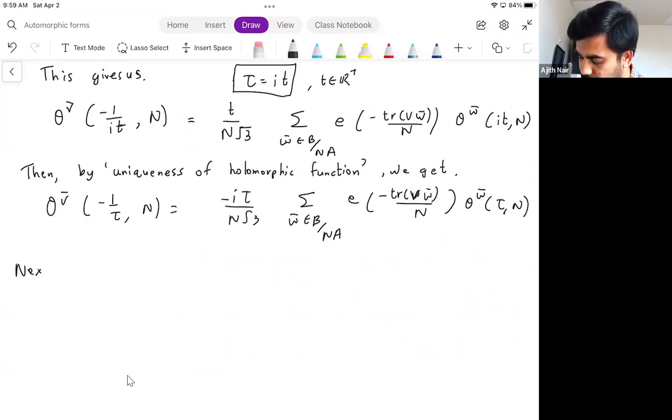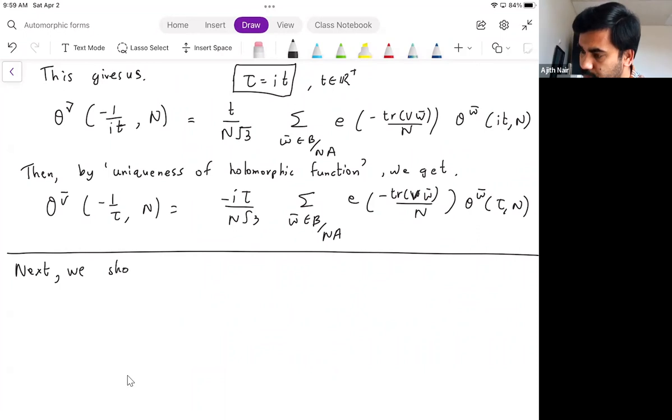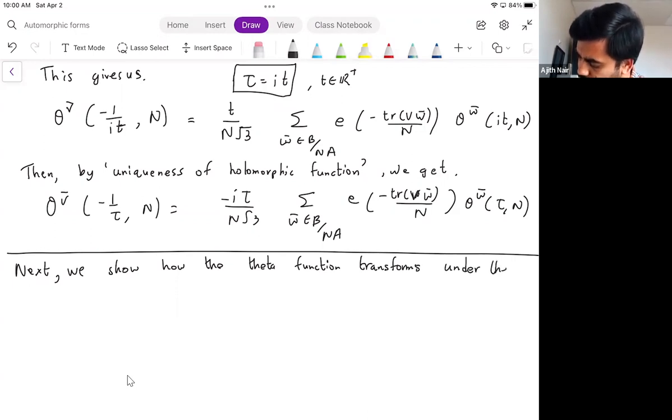Next, we show how the theta function transforms under the group gamma naught 3n comma n.